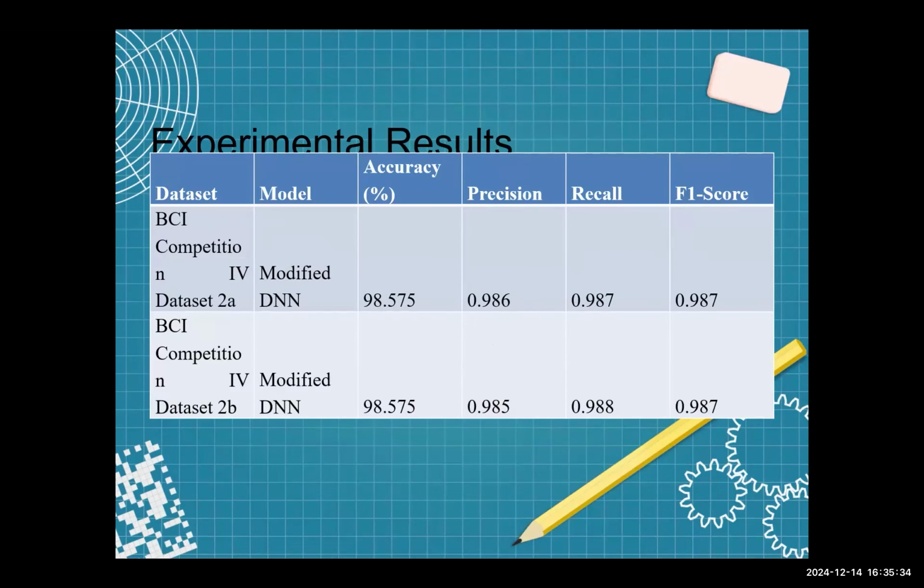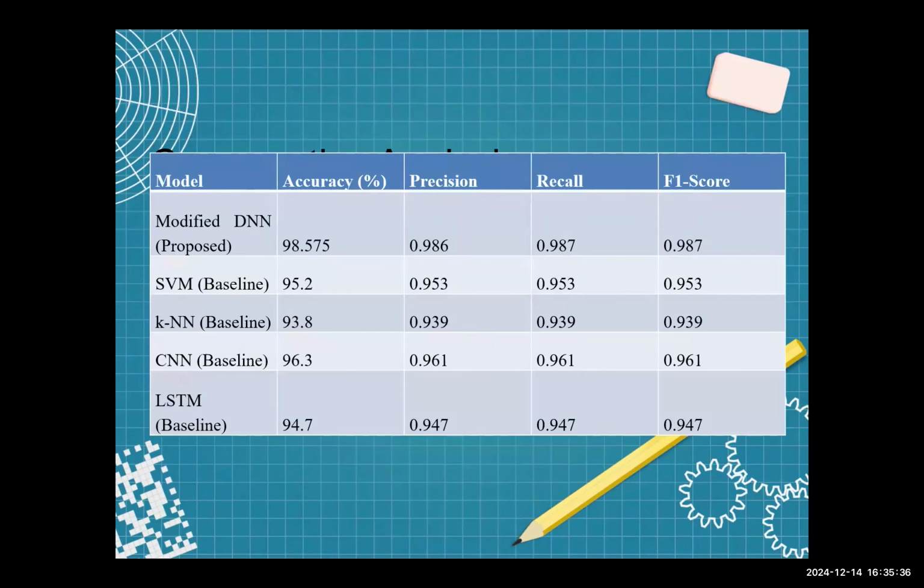Compared with DNN, here the accuracy is 98.575, SVM baseline it is 95.2, KNN baseline 93 point. So there is a much difference between SVM and modified DNN.